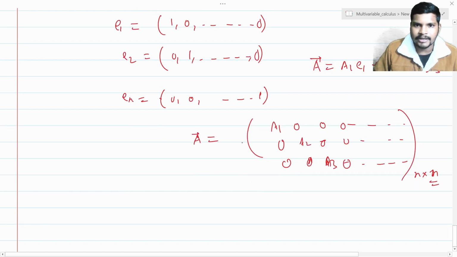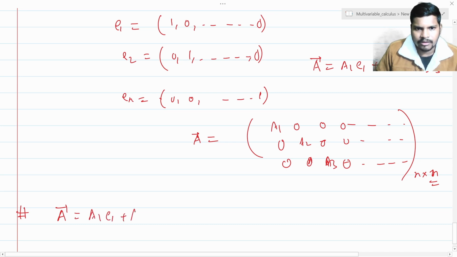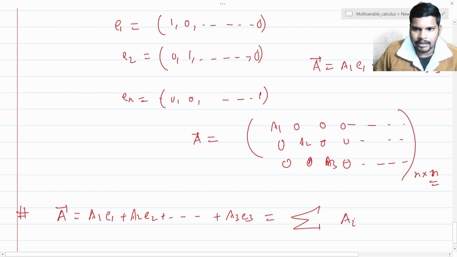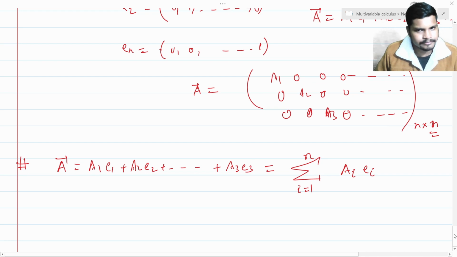All right, so a vector is just a matrix. In compact form, I can use summation and write the sum of ai ei, where i is equal to 1 to n. All right, so this is called summation, the algebraic expression of these quantities.